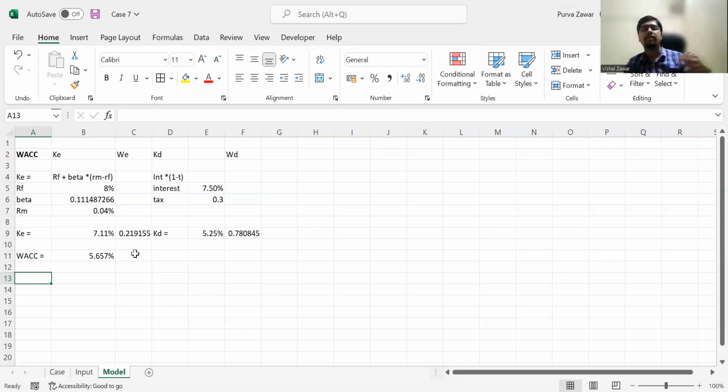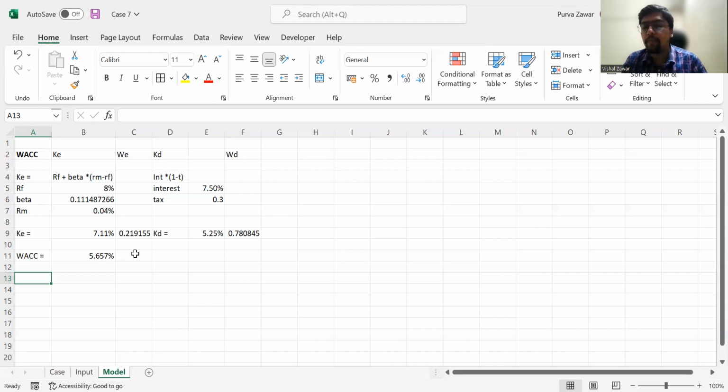So if a project is giving you 4% returns and your cost is 5.65%, you will not go ahead with the project. But if the returns are 7, 8, 9% from any project, then yes, you can think of going ahead, because you will be getting something extra over and above the cost of capital.